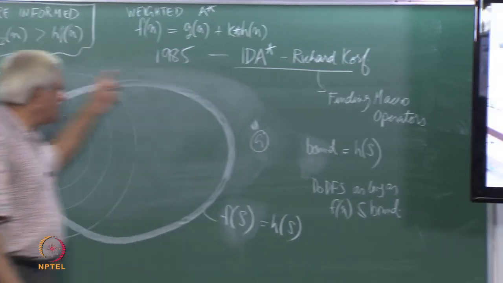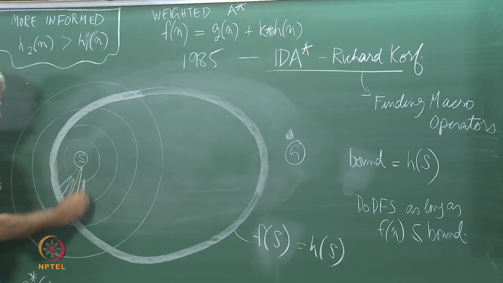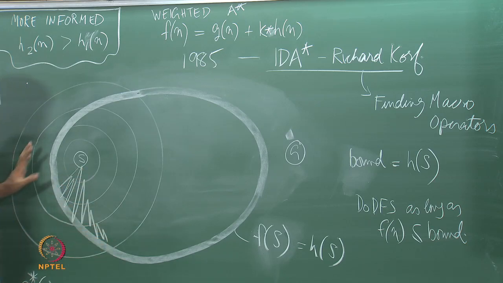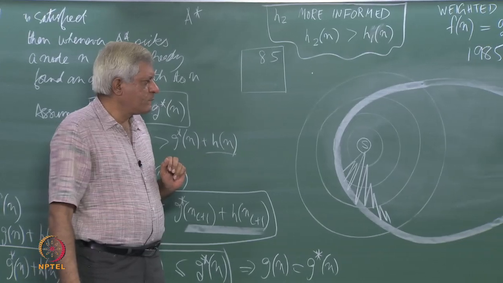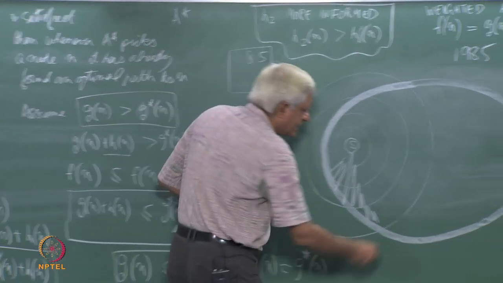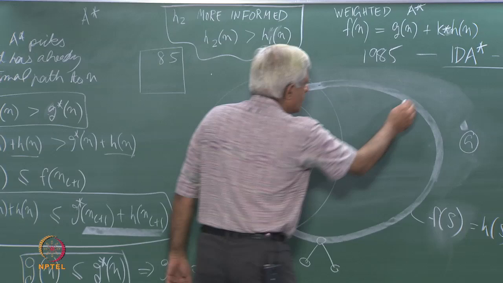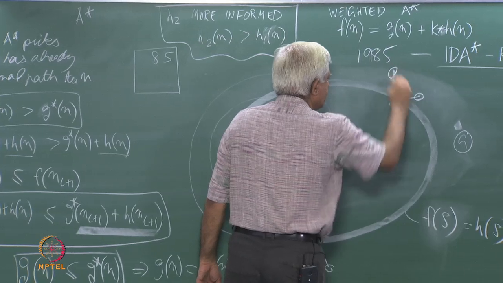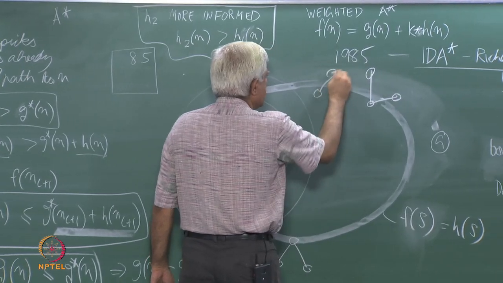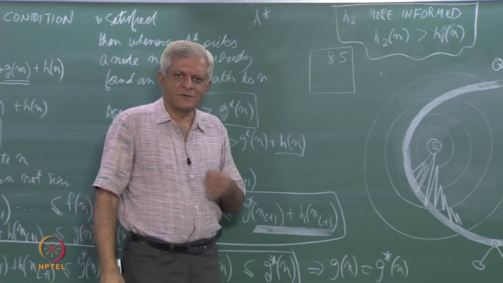So, it is like a boundary it has drawn for itself, and it is saying that within this boundary I will do depth first search. So, let us say it explores a node here, it may have some children here, another node it explores somewhere here, it may have some child here, another node here, it may have some child here, and so on, and all of them will have their f values that you would have computed.